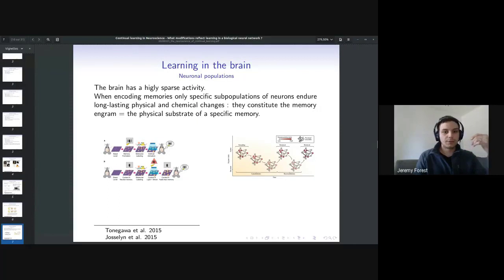Those memory engrams will be encoded very sparsely in the brain, and then they will consolidate, as we can see here. And then during retrieval, what's also very interesting is that the memory becomes labile again. So you can re-encode the same memory, or you can change that memory, and then it's going to be consolidated again.